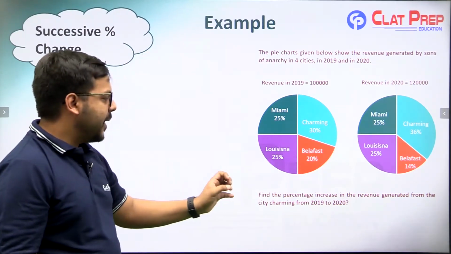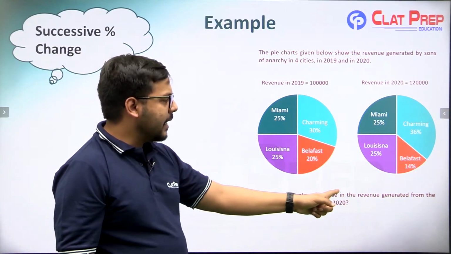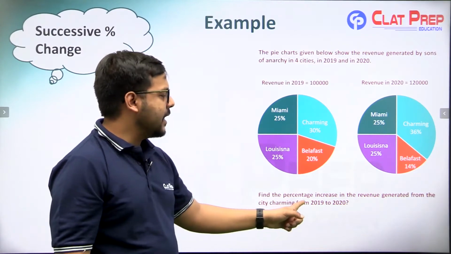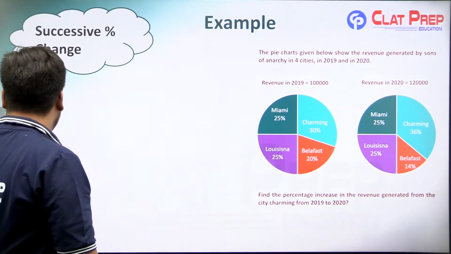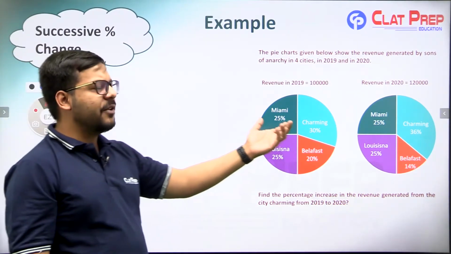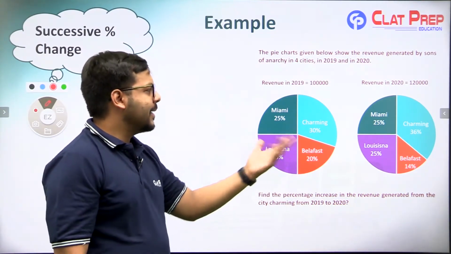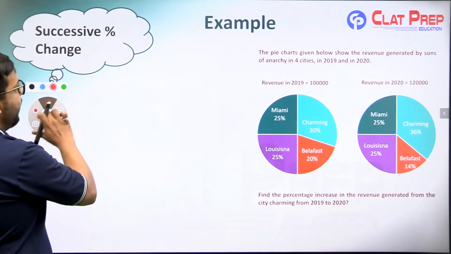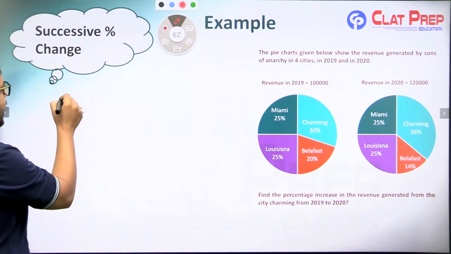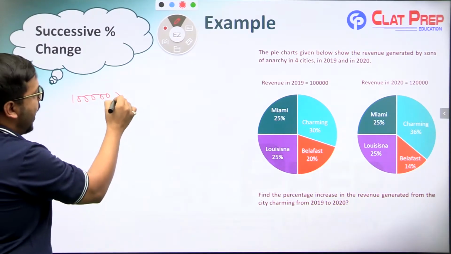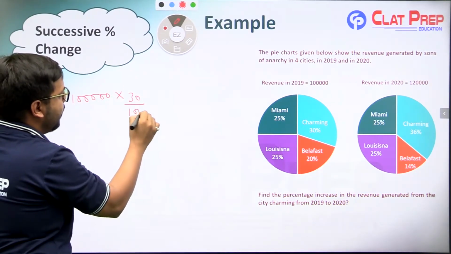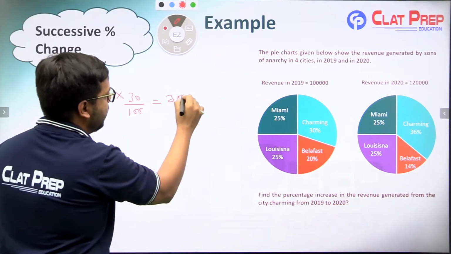Now the question being asked is find the percentage increase in the revenue generated from the city Charming from 19 to 20. Okay, now what is the first thing which comes to mind? Obviously the figures are quite easy, so we can always calculate. I can calculate the revenue generated in 2019 from city Charming. The total revenue is 1 lakh, right? And I'll calculate 30% of 1 lakh, which is nothing but 30,000.